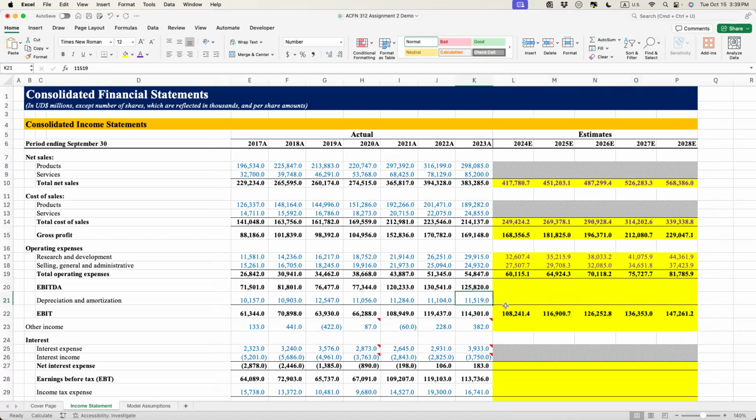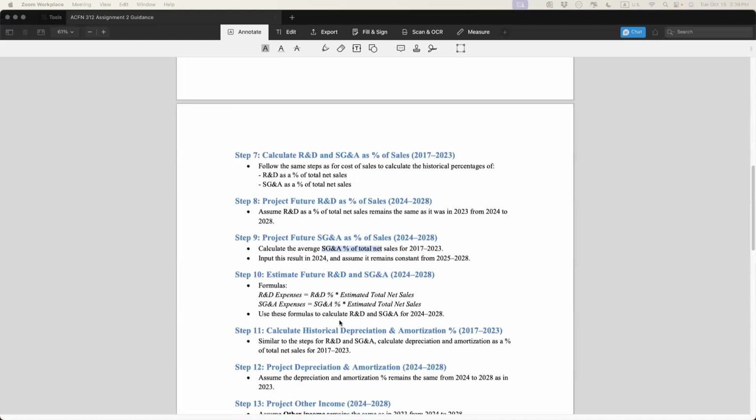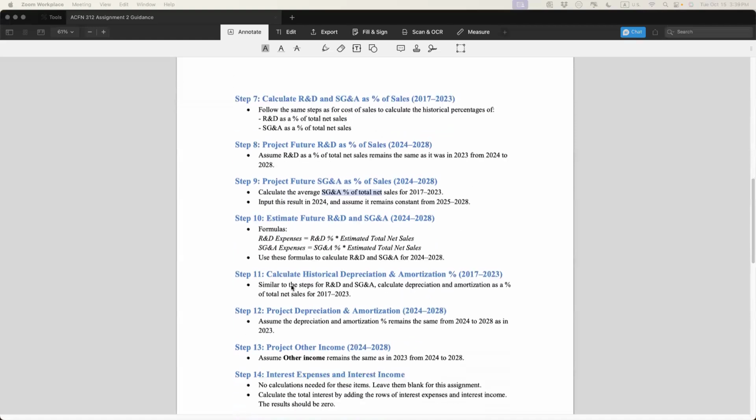Okay, so let's go back to the guidance file for the historical depreciation. We're going to take similar steps as for R&D and SG&A. We're calculating the historical percentage of total sales. In my lecture file, I showed you that if you follow our book, and if you do have certain information, as we already did for Amazon, where the company provides guidance on the depreciation method they're using, which for Amazon is straight line.